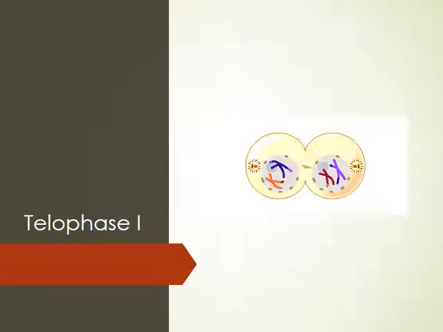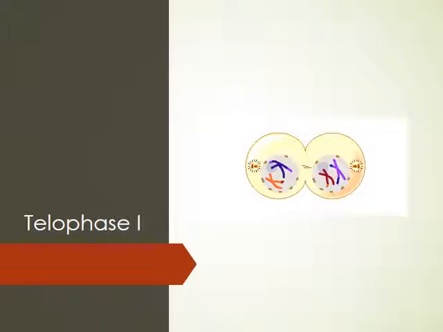So to recap, prophase 1, the nuclear envelope dissolves, the tetrads thicken, crossing over occurs. Metaphase, the microtubules push or pull the tetrads into the center of the cell. Anaphase, the tetrads get pulled apart.